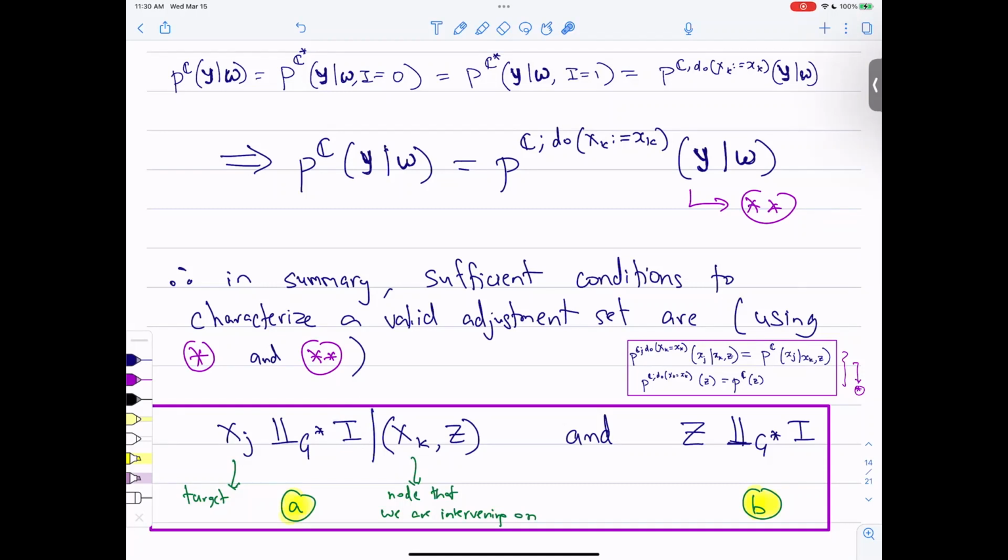Then ask whether that parent and the target are d-separated when I've conditioned on the child node Xk and the adjustment set Z. And check if Z and I are d-separated, testing without any conditioning. If these two are true, then Z is a valid adjustment set.